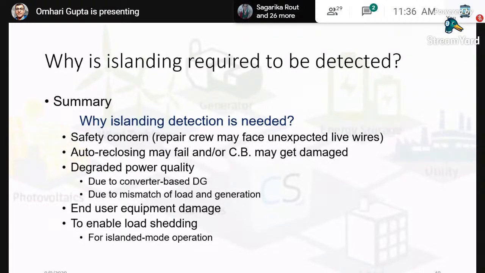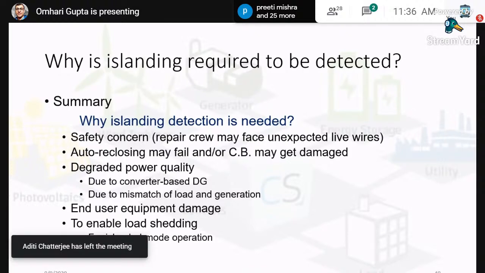The voltage or the frequency may deviate from the limits, and several sensitive loads may get damaged. This degraded power quality is also due to converter-based DGs. They inject distortions into the system, and you have to take care of THD as well. If the THD is more than the limit, you may not remain connected.